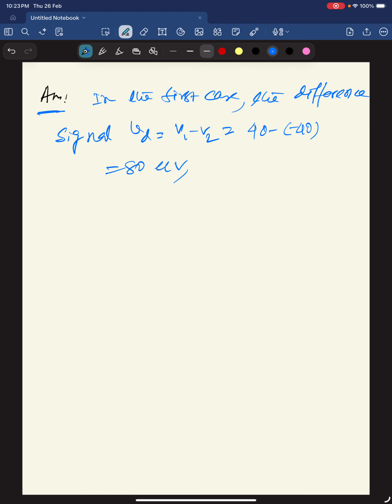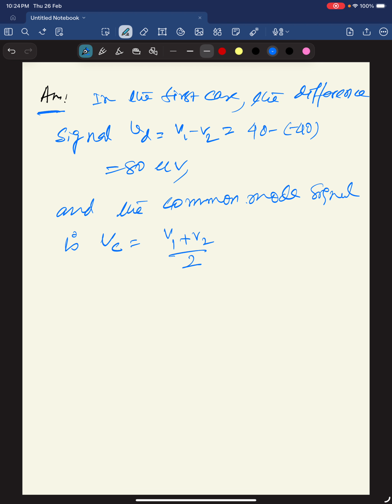And the common mode signal Vc is the average, V1 plus V2 by 2. So 40 minus 40 by 2, that is equal to 0 volt.